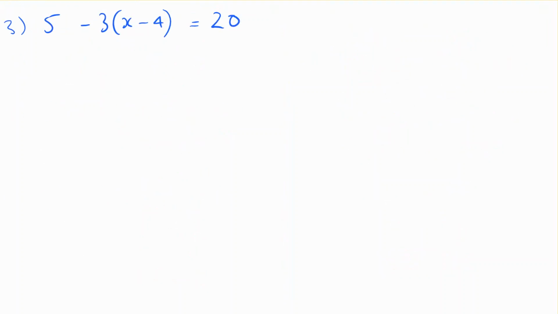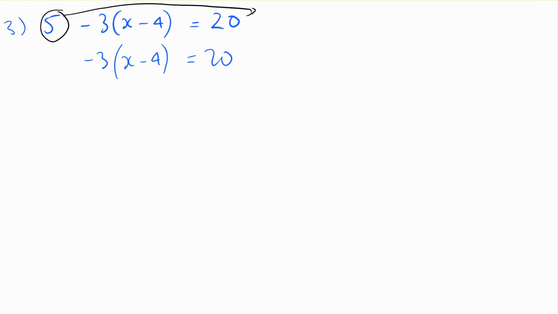Here's the last question. We have 5 minus 3 in bracket x minus 4 equals 20. So we know that we have to expand this. First of all, we can take this 5 to the other side. So we'll have negative 3 bracket x minus 4 equals 20. What's the opposite of plus 5?